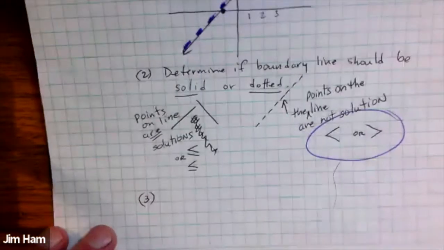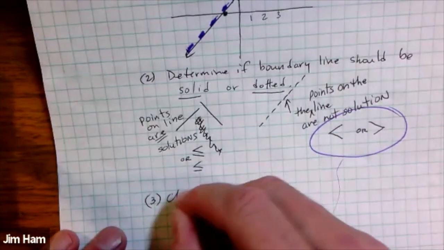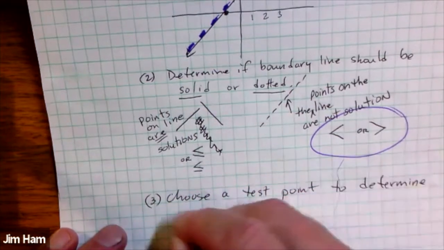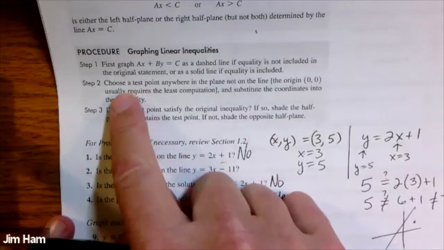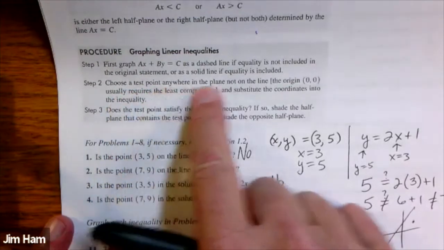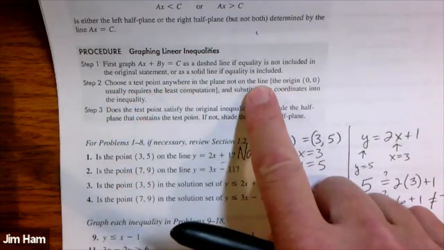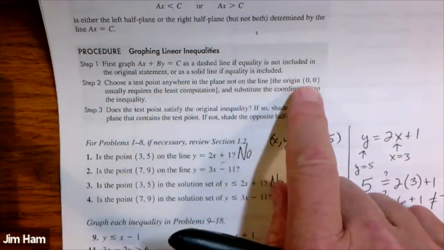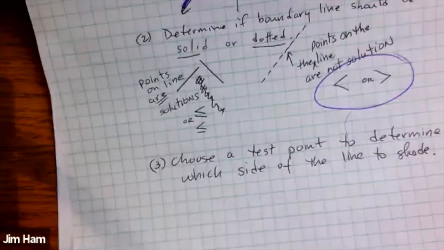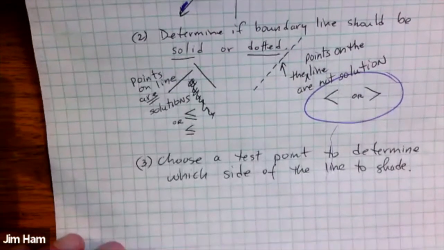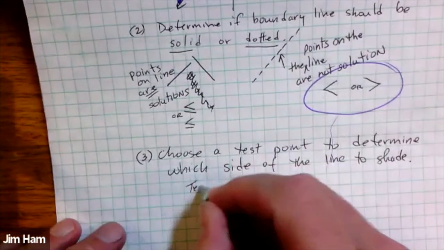And so what we're going to do is to choose a test point to determine which side of the line to shade. And that's step 2. Choose a test point anywhere in the plane, not on the line. Can't be on the line. The origin is a good point to choose because it's very easy to evaluate algebraic expressions when we let all the variables be equal to 0. But you really can choose any point.